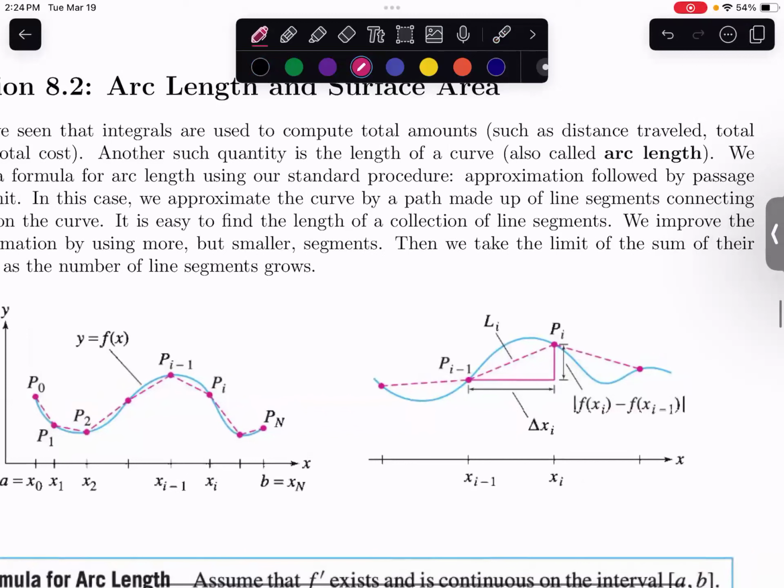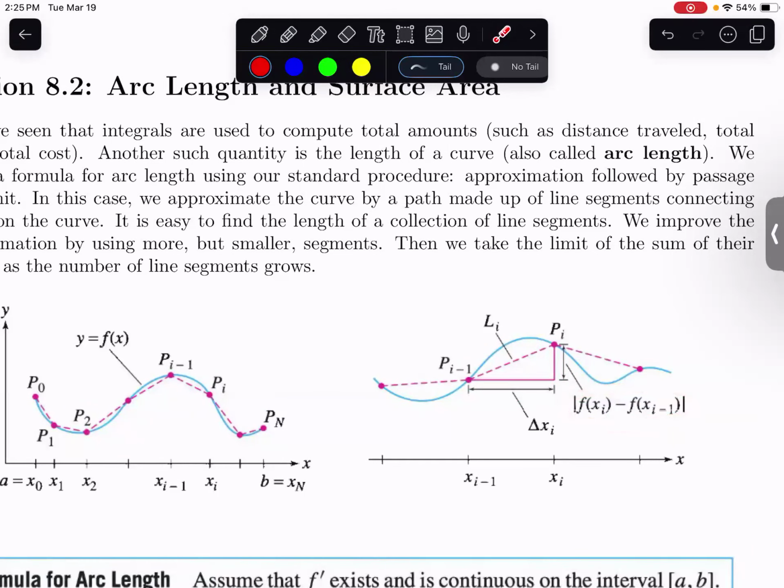If we use the Pythagorean theorem on this right triangle that's formed here, the hypotenuse is given by this Li, the height of this triangle is given by the difference between f of xi and f of xi minus 1, so these two points on the y-axis. That's this quantity we have here.